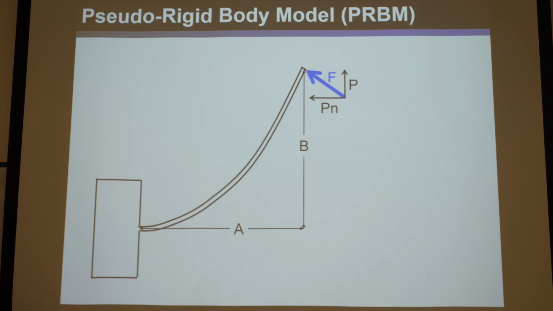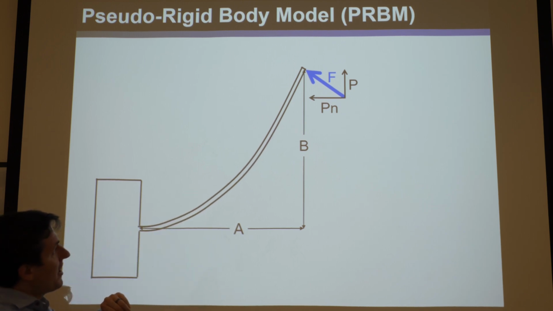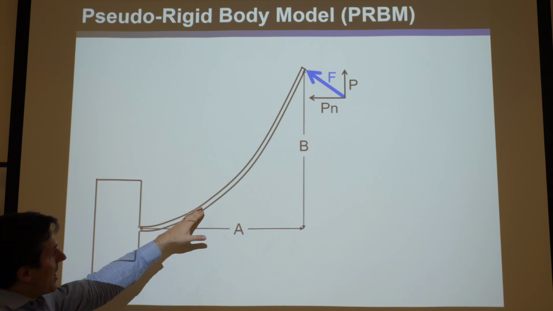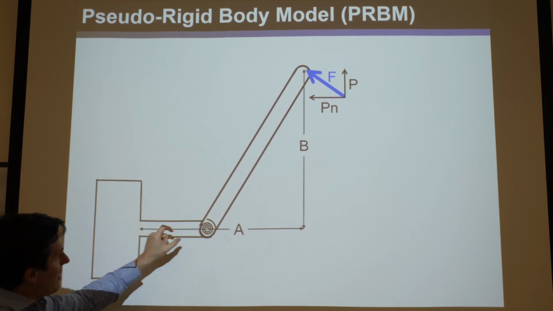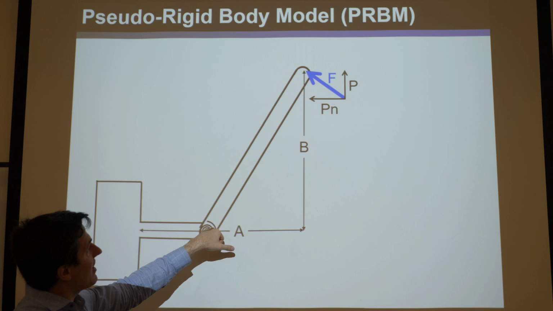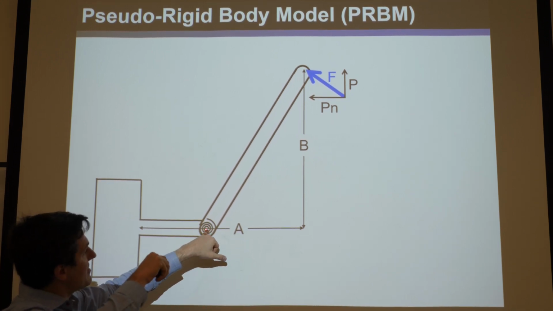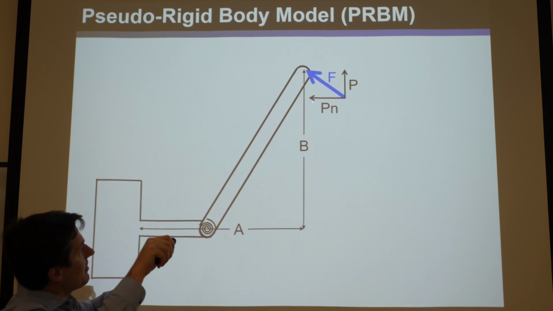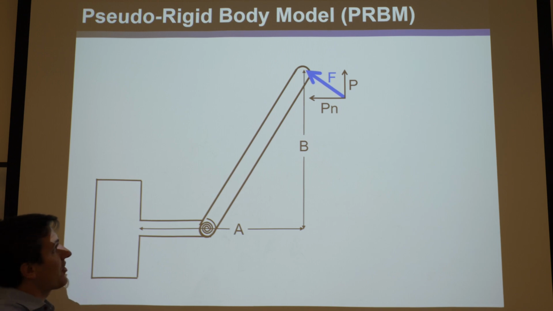What he found is he said, well, look, for this specific example of a cantilever, this point can be traced and identified if we model this as if it was a rigid bar here, or rigid bar here with a pin joint there. So it essentially rotates about this central point, okay? For the first order approximation, it's not exact, but he said it's pretty darn close.